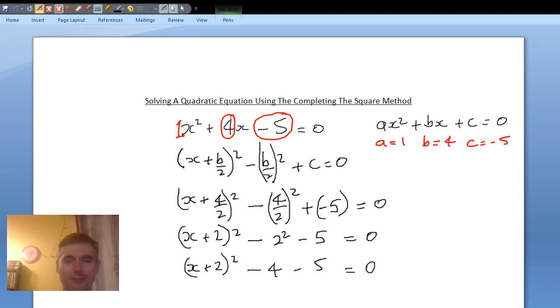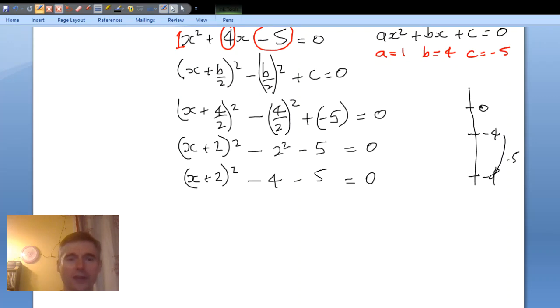If we think about a number line, here's 0, here's negative 4, and if we take away 5 from it, we'll go further down and we'll end up at negative 9. So we end up with x plus 2 all squared minus 9 equals 0.